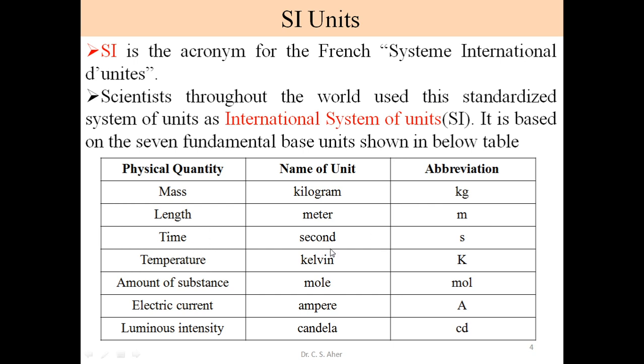Time is measured in second, symbol s. Temperature in Kelvin, capital K. Amount of substance expressed in mole, symbol mol. Electric current expressed in ampere, symbol capital A. Luminous intensity expressed in candela, symbol cd.